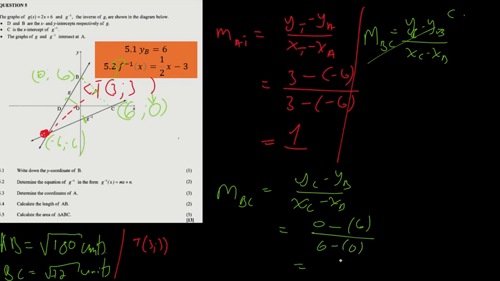So 0 minus 6 is minus 6, and 6 minus 0 is 6. Negative 6 over 6 is -1.